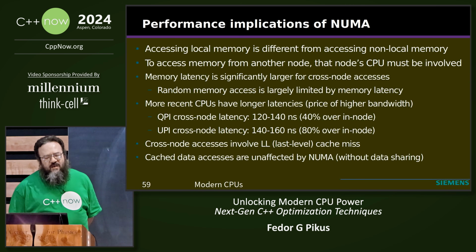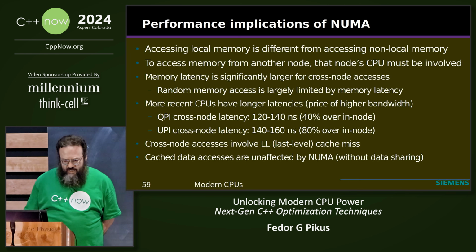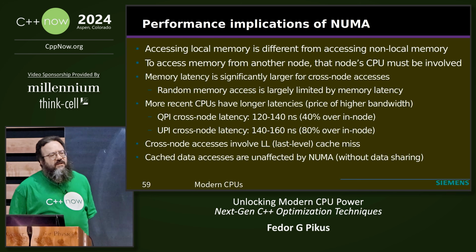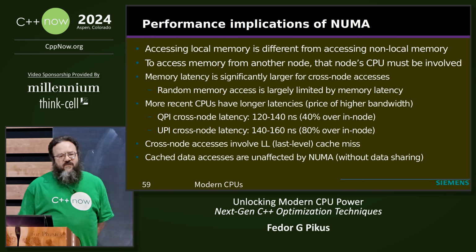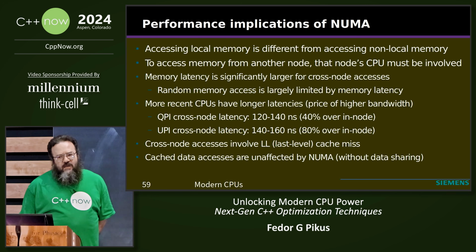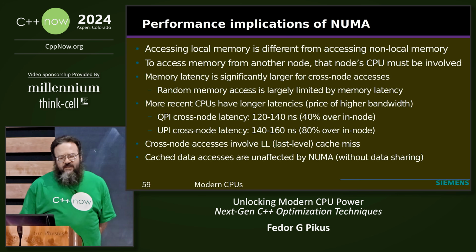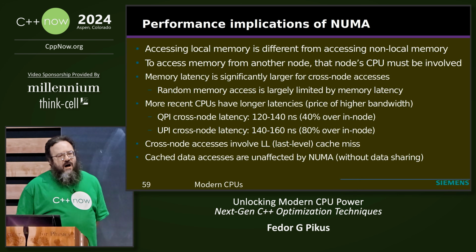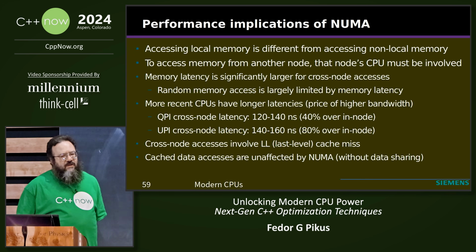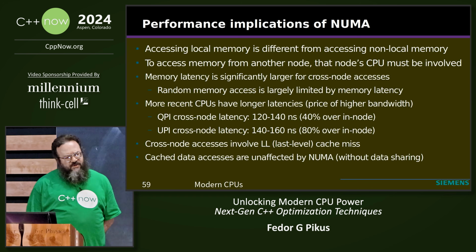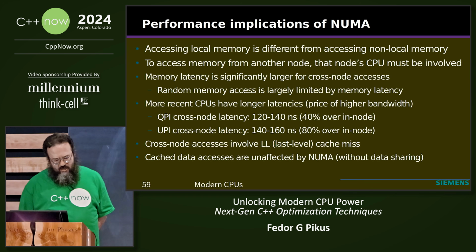Latency is actually behaving worse than bandwidth, unfortunately. The modern CPUs, the most recent CPUs, traded their higher bandwidth interconnect for higher latencies. Latencies on the newer CPUs, remote access latencies, are larger both in relative numbers, relative to the local latencies, but also in absolute numbers, unfortunately.